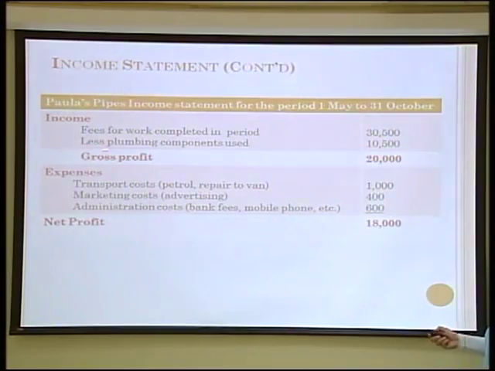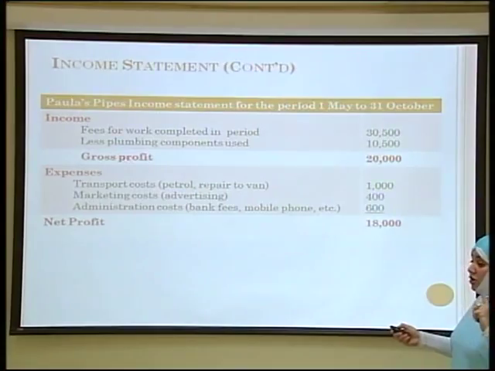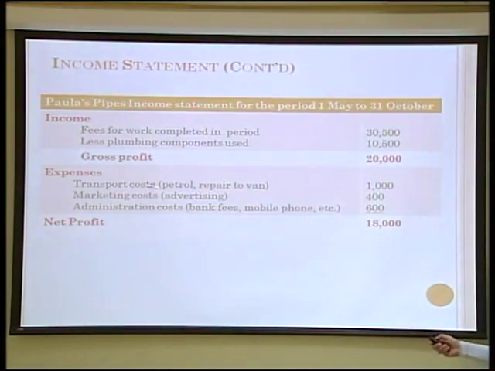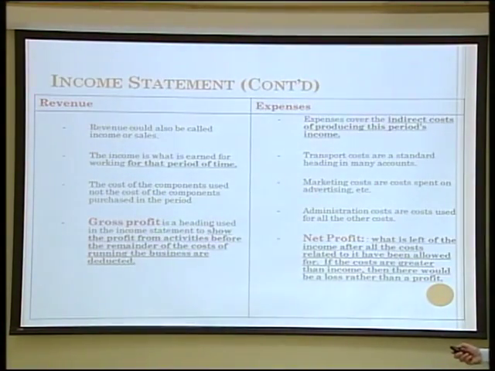All the other expenses we incur to run the business are deducted after getting the gross profit, not before. So we get the gross profit before deducting all other expenses that we incur to run the business, right?